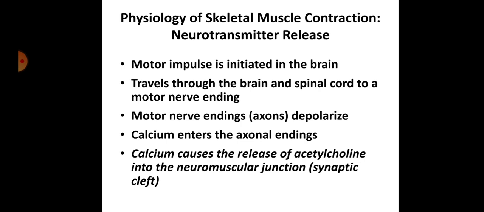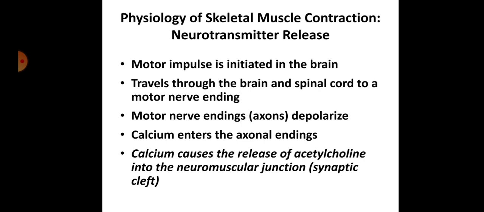When the motor impulse is initiated in the brain, it travels through the brain and spinal cord to a motor nerve ending. Motor nerve endings, that is axons, depolarize.